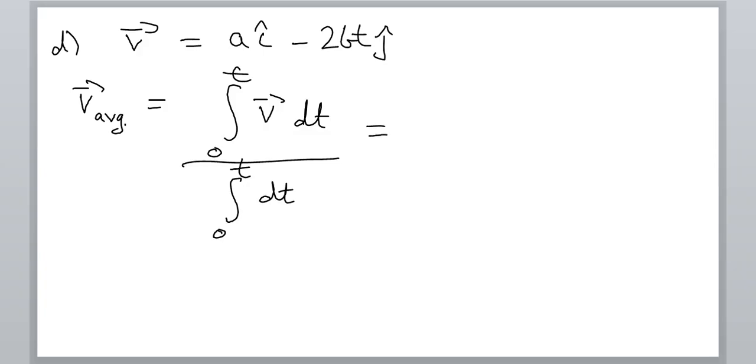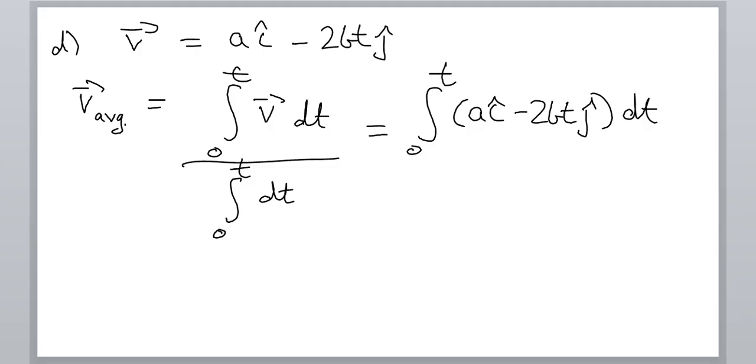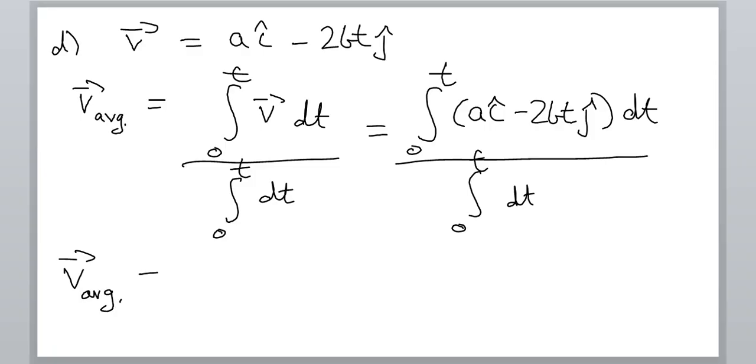So this can be written as the integration from 0 to t of a i cap minus 2bt j cap dt, this whole divided by the integration from 0 to t of dt.